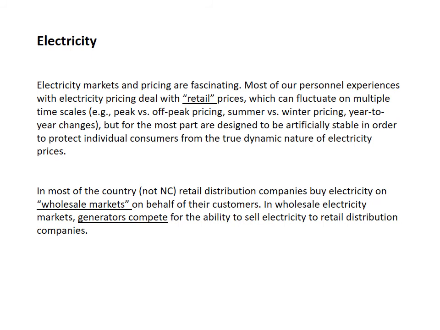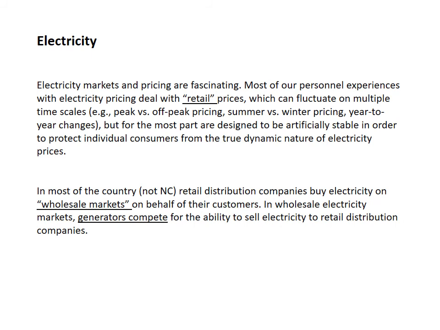And you might have seasonal changes in electricity prices too, where electricity is more expensive in the summer or the winter. But for the most part, retail electricity prices have historically been designed to be artificially stable, and that's to protect individual consumers from having to worry about at any given moment what the price of electricity is.